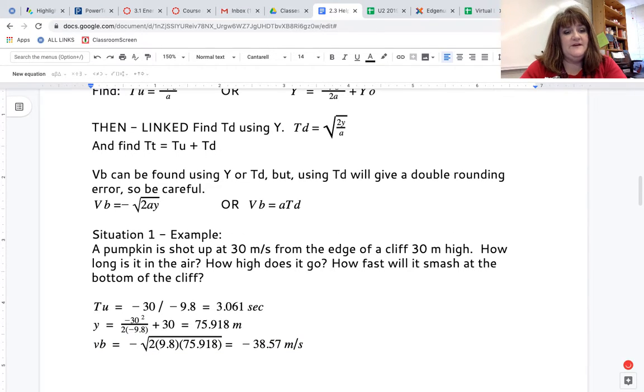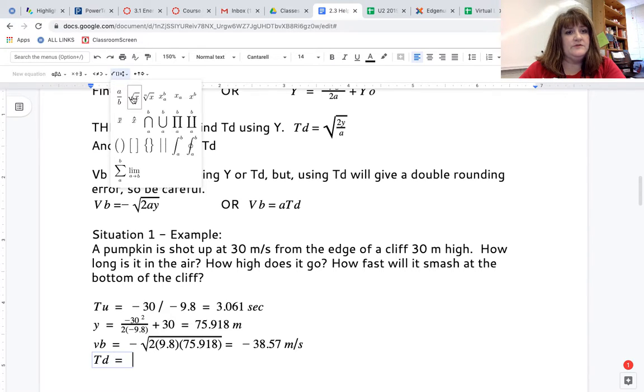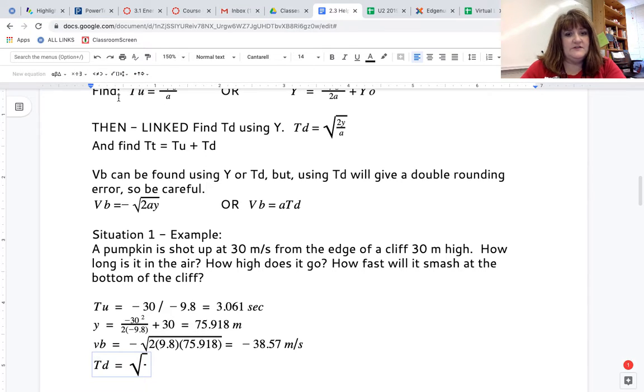Then we do need to find our time down, right? So time down, we're also going to use the height to find. Time down is the square root of the fraction of 2 times y, which is 75.918, divided by 9.8. And again, everything could be positive and it's okay.